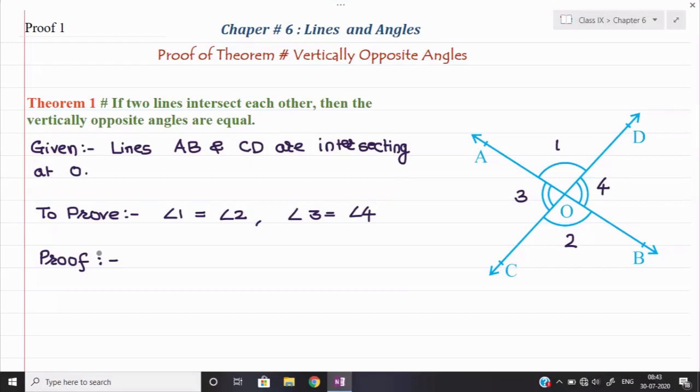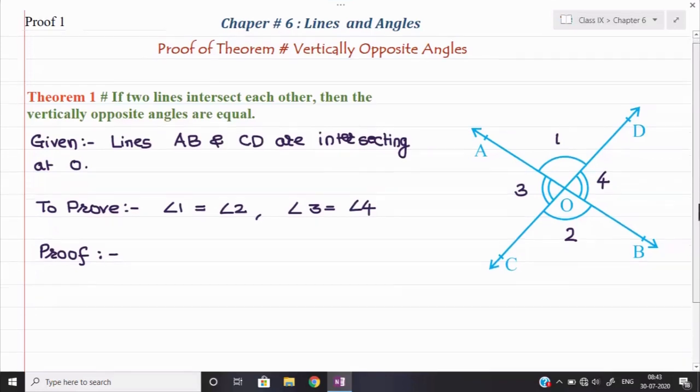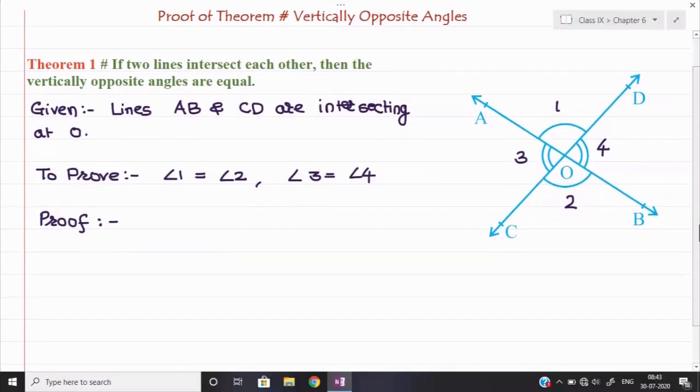Now observe, look at angle 1 and angle 3. If I add angle 1 and angle 3, do they form a linear pair? Observe it carefully. Angle 1 has two arms, AO and CO. Similarly, angle 3 has two arms, AO and DO.